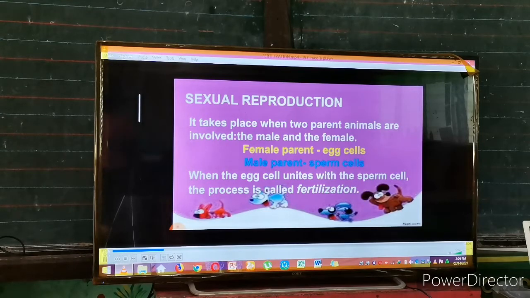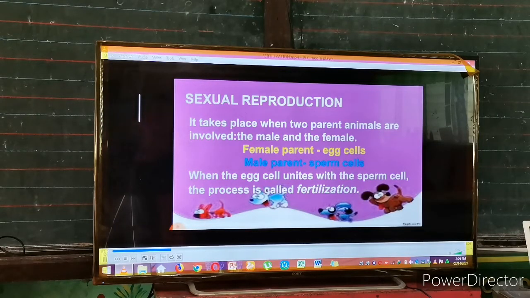Pagka sinabi mong sexual reproduction, kailangan may dalawang animal. Isang male o lalaki at isang female o babae. Ang female parent animal ay nagpo-produce ng egg cells, while ang male parent animal ay nagpo-produce naman ng sperm cells. When the egg cell unites with the sperm cell, the process is called fertilization.